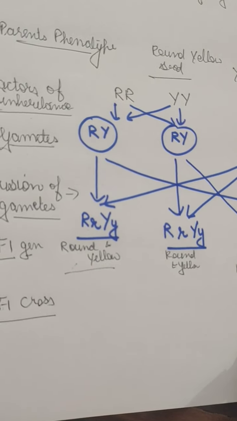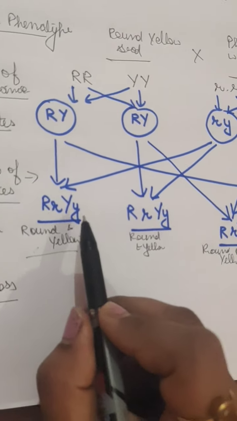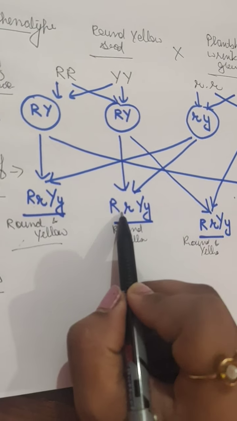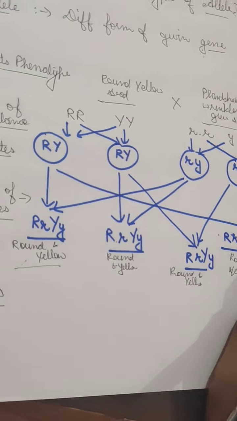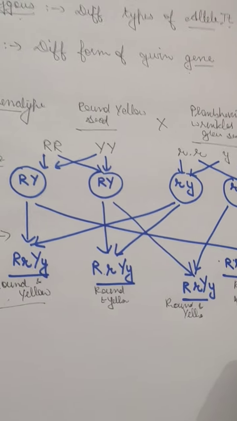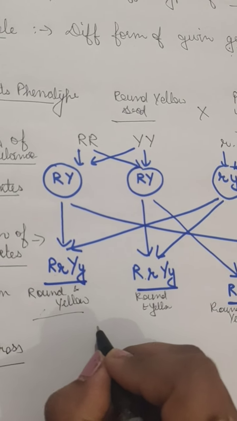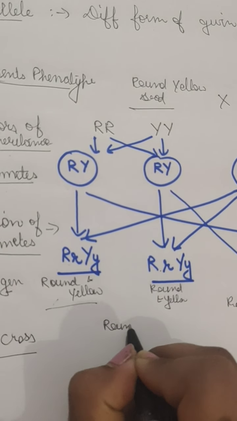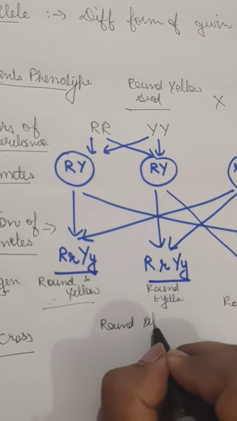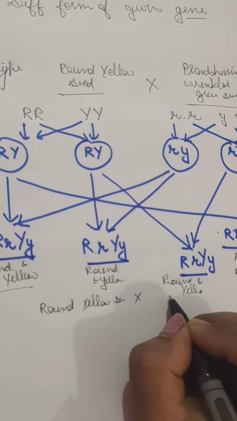So for this F1 cross, what we'll do, we will take one seed of this and one seed of this. Because we have all the same type of seeds, any of the seeds we take will be of the same type. So for this F1 cross, we will have plants having round yellow seed into round yellow seed.